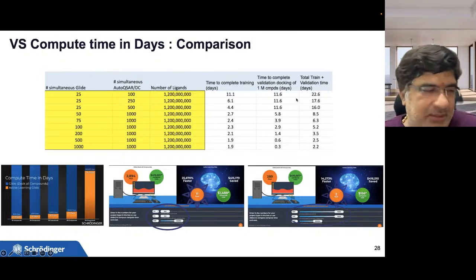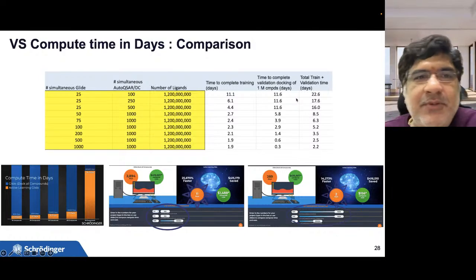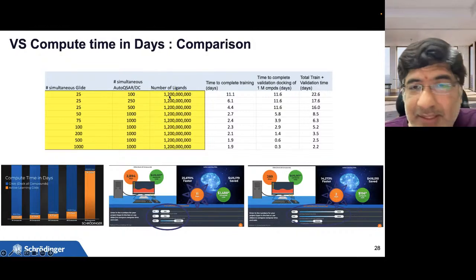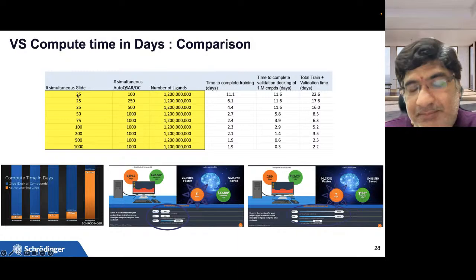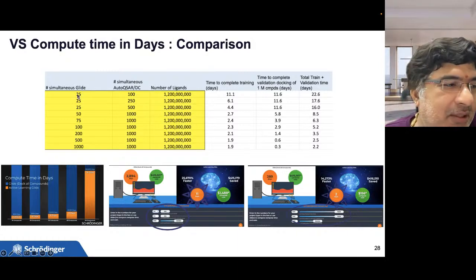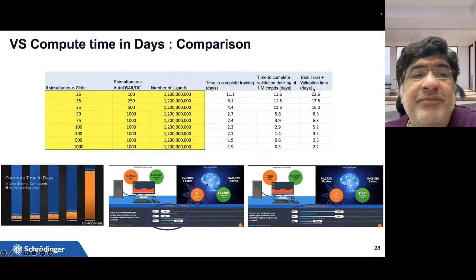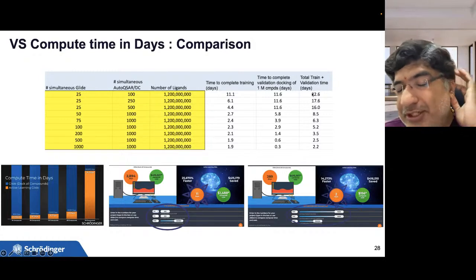So you could see here the speed with which we could complete the process. Let's imagine I have 120 crore molecules in my hand, and if I have something like a 25 CPU machine, I would be able to finish the calculation in just 22 days.